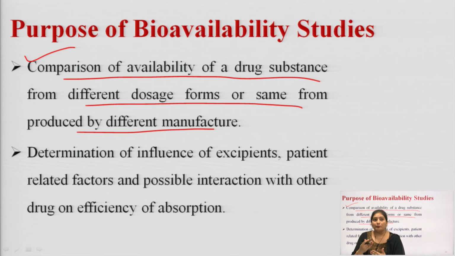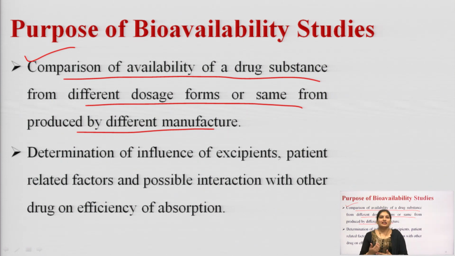When we want to compare the availability of the drug substance or absorption of drug substances from different dosage forms, or we can say we are comparing the bioavailability of a particular drug from the tablet dosage form as well as from the parenteral dosage form, then there is a need of bioavailability study. Or we want to compare the same dosage form produced by different manufacturers, okay, then there is also a need of bioavailability study. Okay.